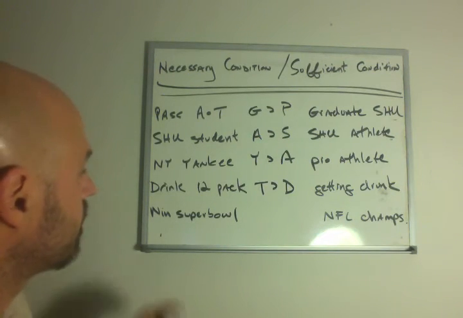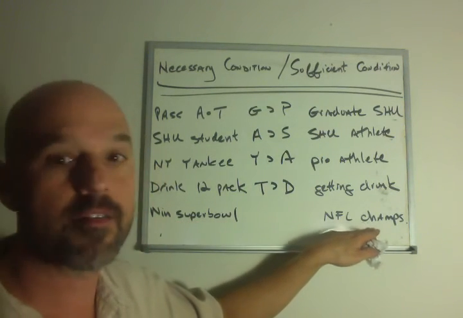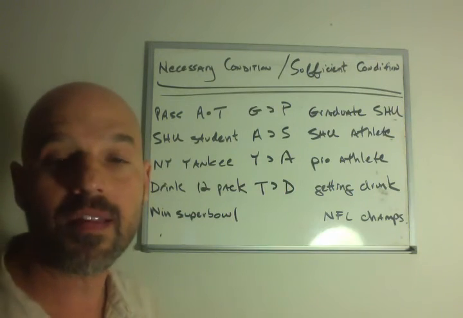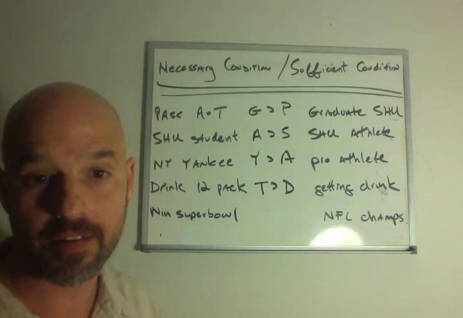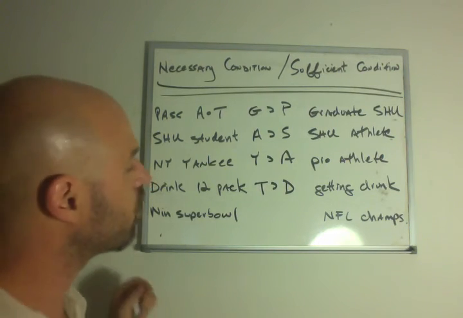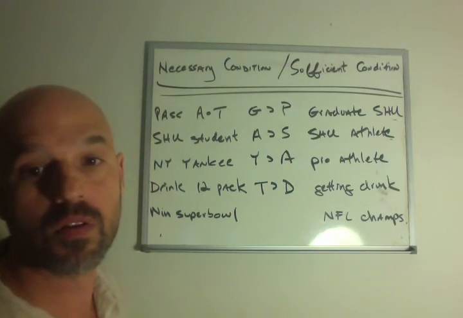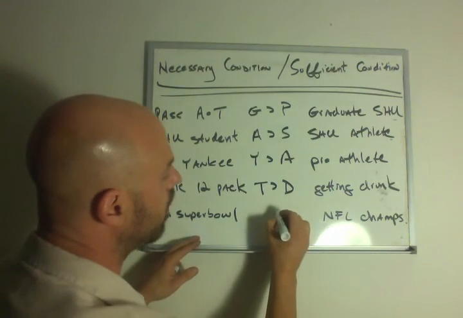And then finally, winning the Super Bowl and being NFL champs. Well, this means that we've said that this is necessary and sufficient condition. In order to express that relationship, we use the equivalent sign, 3 bars.